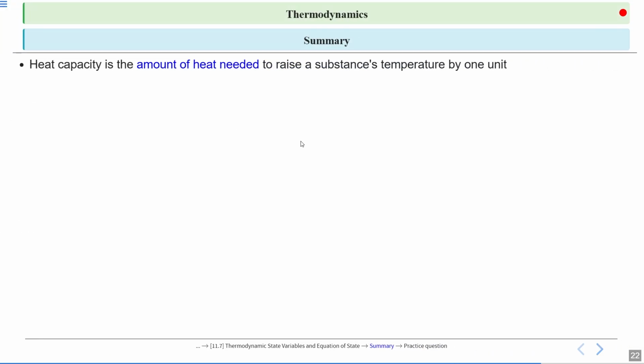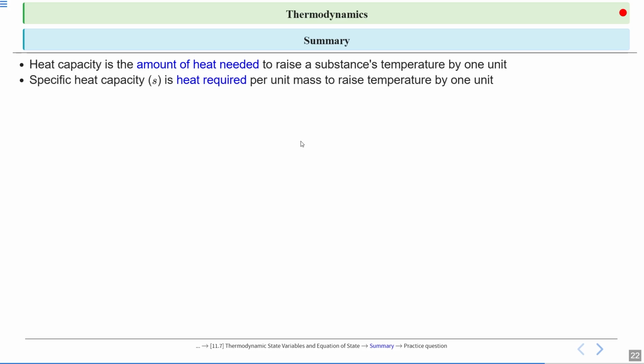Summary. Heat capacity is the amount of heat needed to raise the substance's temperature by 1 unit. Specific heat capacity is the heat required per unit mass to raise temperature by 1 degree Celsius or Kelvin.